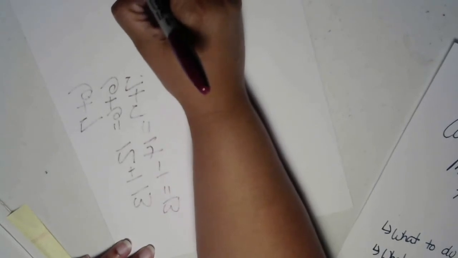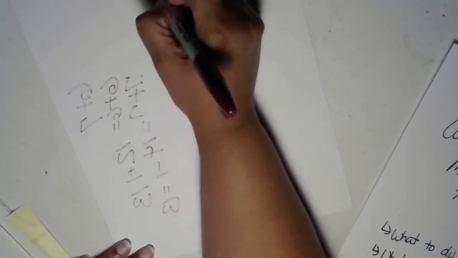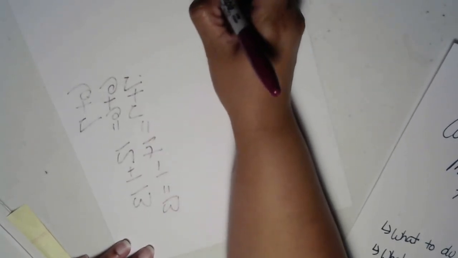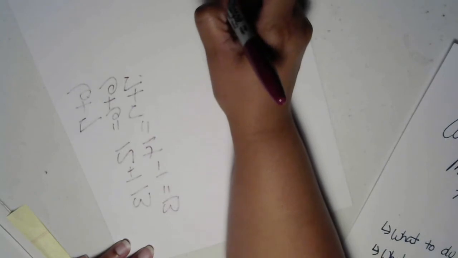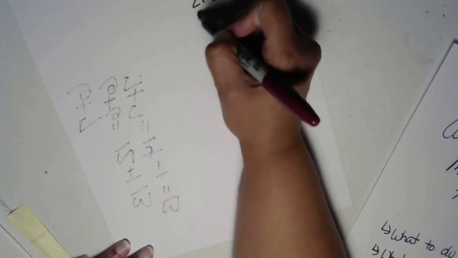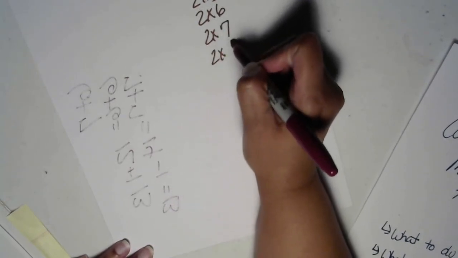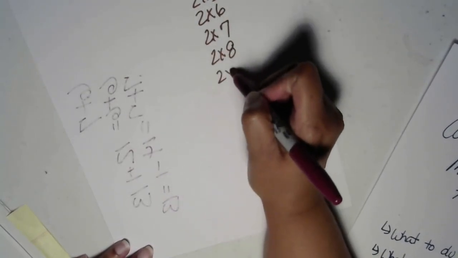Because 3 times 2 and 2 times 3 are the same fact. So when I'm writing my facts, remember you stop at 9.